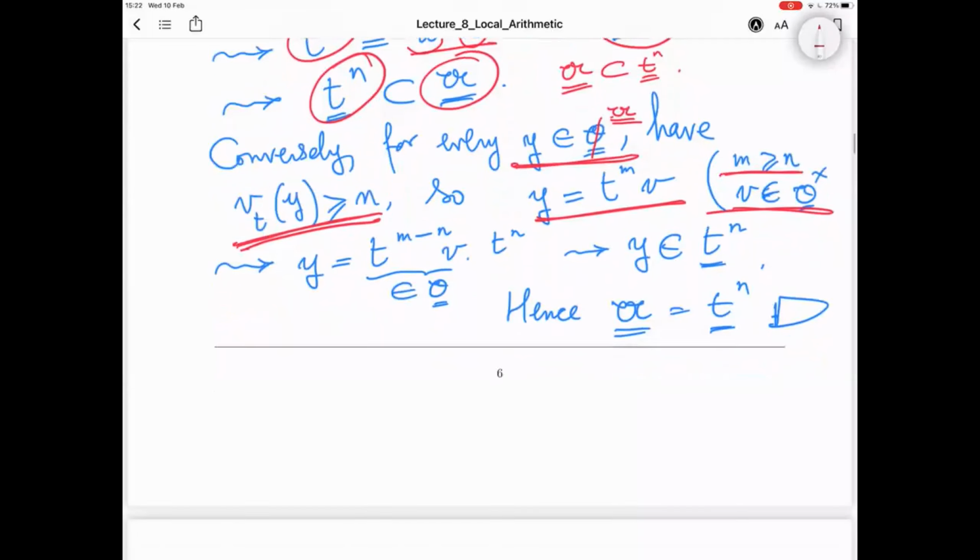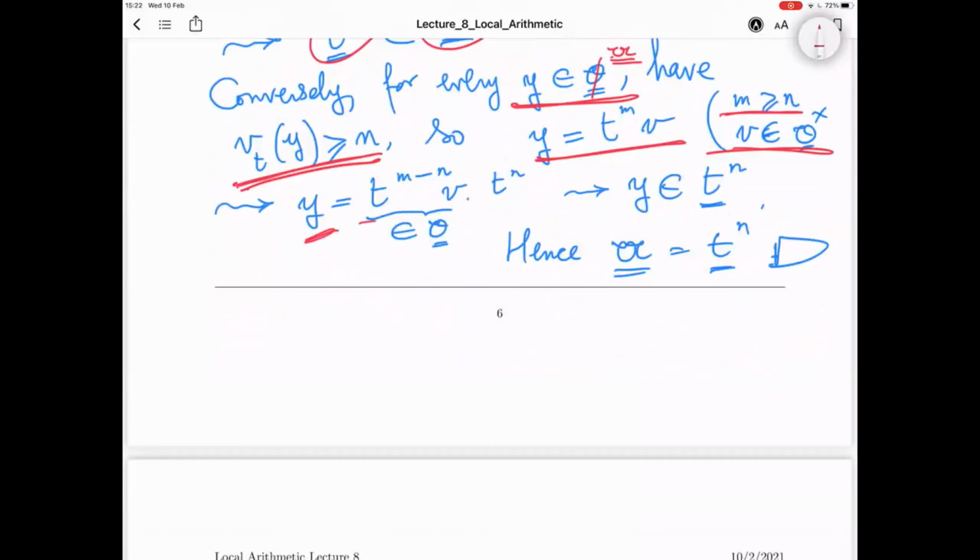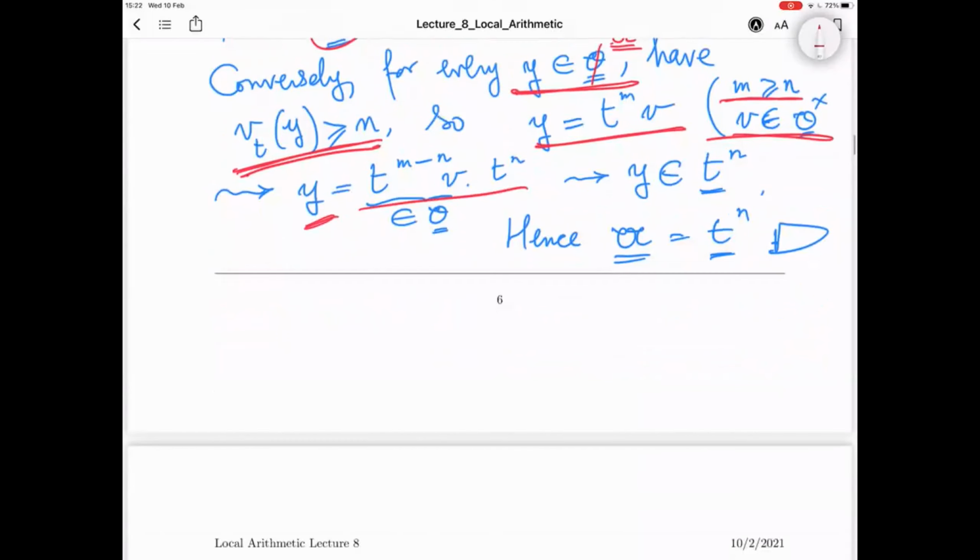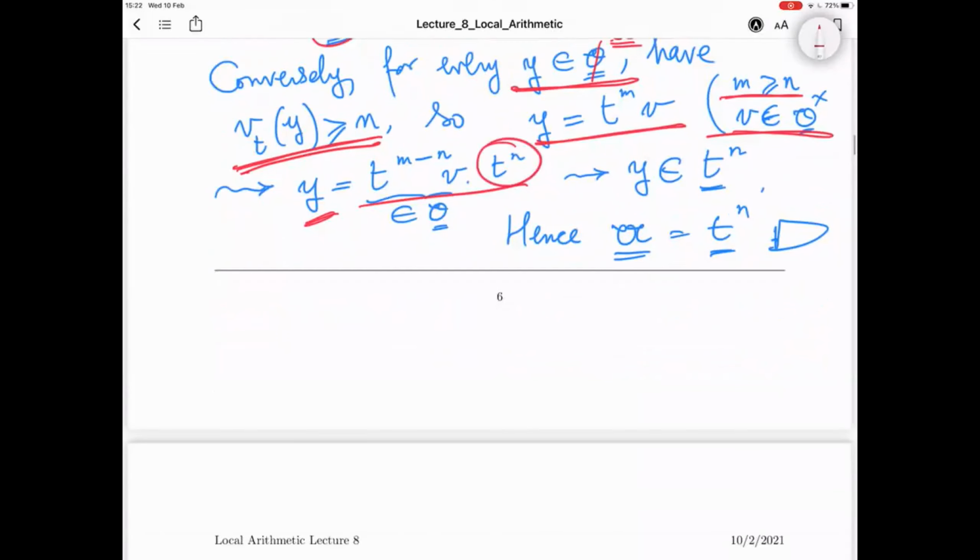Then, of course, this y can be written as this expression here, and that means it's a multiple of t to the n. So y belongs to the ideal generated by t to the n, and therefore A is contained in this ideal generated by t to the n.